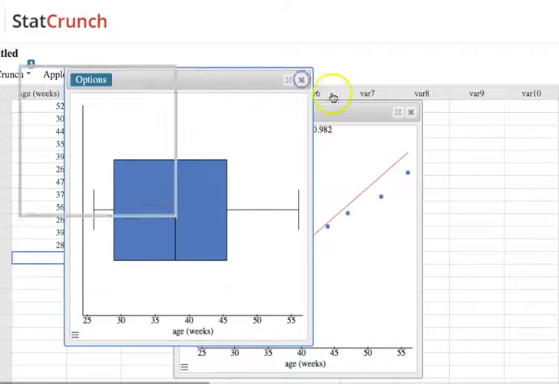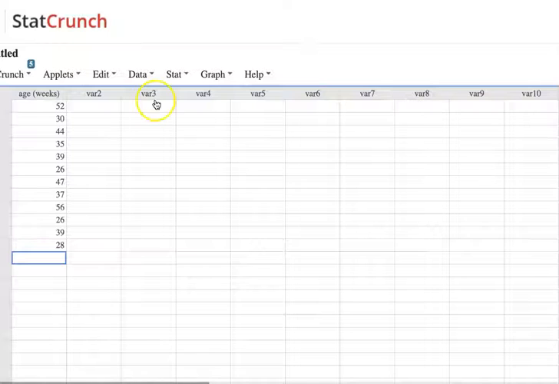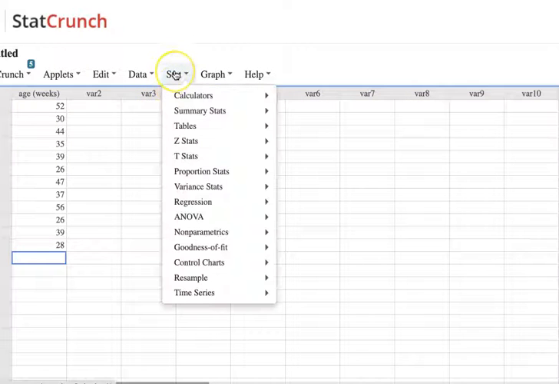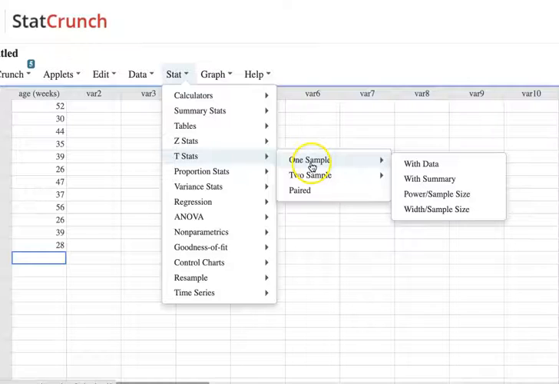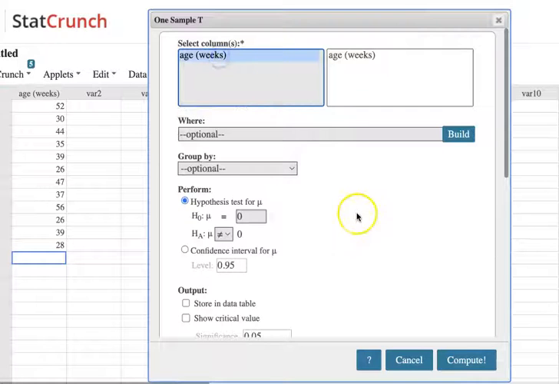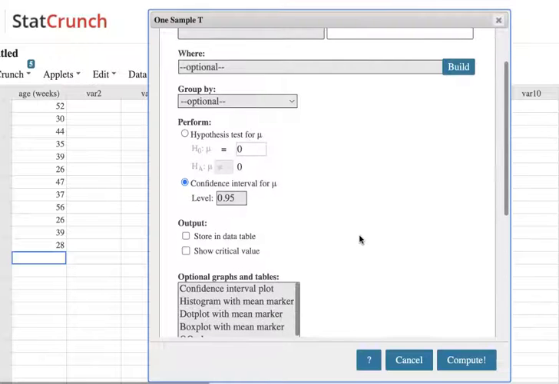I'm going to get rid of these since I don't need them anymore. And I am going to go to Stat, T Stats, one sample. This time it's with data because I have the actual data pieces, not a sample mean and sample standard deviation. So I'm going to choose age in weeks. It is a confidence interval, and 0.95 is the right one this time.